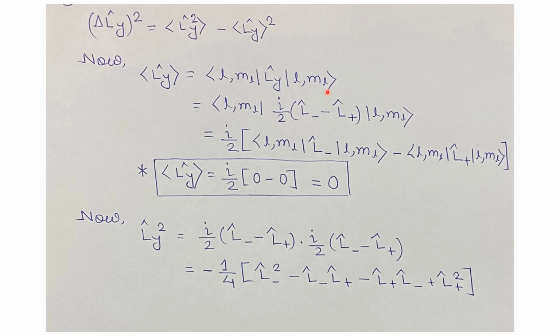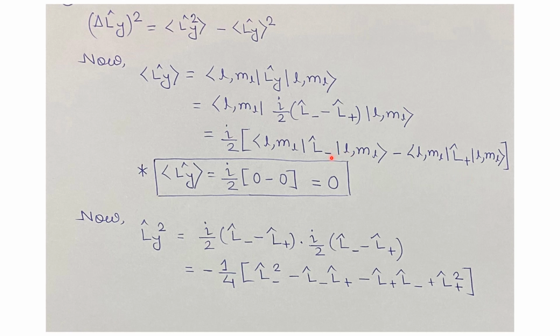Now we can represent this Ly cap as i by 2 times L minus cap minus L plus cap in terms of the raising and lowering operators that we have seen in the earlier slides. So we are getting i by 2 times this element, that is L minus cap sandwiched between this |l, ml> state, and that is the expectation value of the L minus operator. Similarly, minus the expectation of the L plus cap operator.